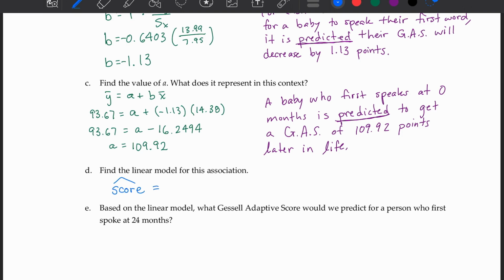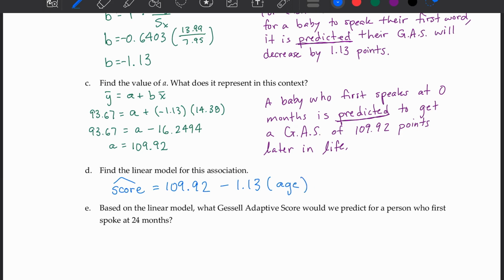The score on this test is going to be equal to 109.92 minus 1.13 times months. We'll go with months, or age. Doesn't really matter. I think I like age better, now that I said it out loud. We're going to go with that.